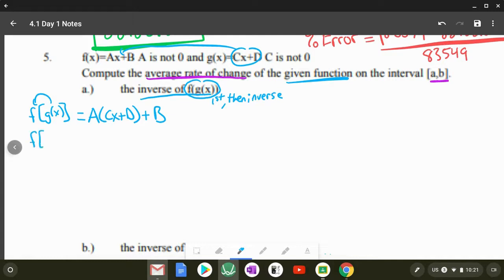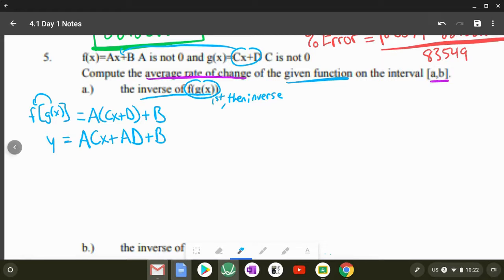So f of g of x, this is the function. And actually, you know what? Let's just call this y for now, because we're going to be finding the inverse anyway. And we said when you find the inverse, you switch x and y. So let's just call this y, make it simpler. So we have y equals acx plus ad plus b. Okay, so this is f of g of x.